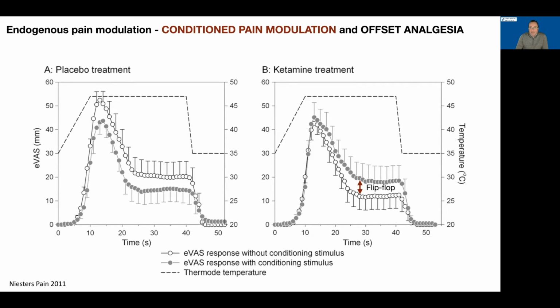Well, I give you here an experiment that was performed by Marieke Niesters and published in the journal Pain in 2011, in which we looked at conditioned pain modulation prior to ketamine treatment and after ketamine treatment. And you can see that after ketamine treatment, the system flip-flops. So the conditioned pain stimulus now does not produce pain relief, but it increases pain sensitivity.